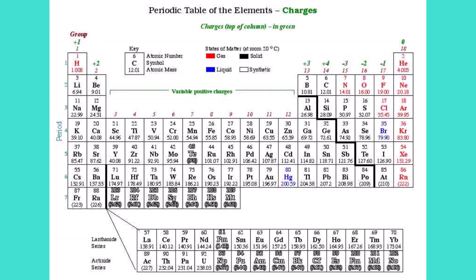You should know that each and every element in group number 1 has a formal charge of 1 plus. In group number 2 they have a formal charge of 2 plus. In group number 3 they have a formal charge of 3 plus. In group number 4 we have 4 plus, then 5 plus, 3 minus, 2 minus, 1 minus, and then we have 0 here.